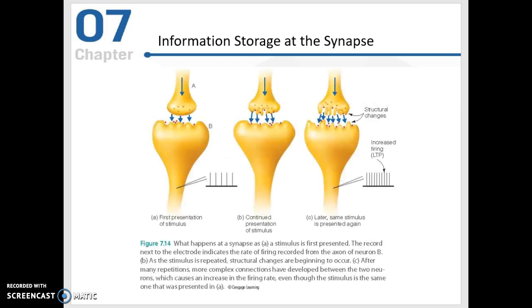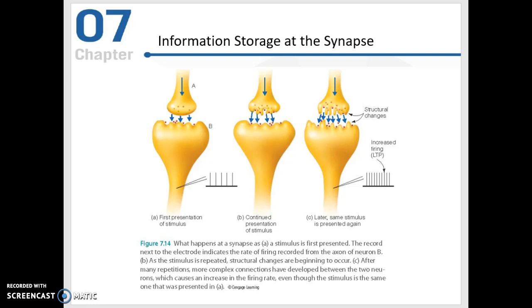So you can see this illustrated here in the first illustration on the left. Neurotransmitters are being released from the end of one axon and going into the synaptic area. They are then being absorbed by the next axon, and the dendrites are being formed then by that third illustration on your right.